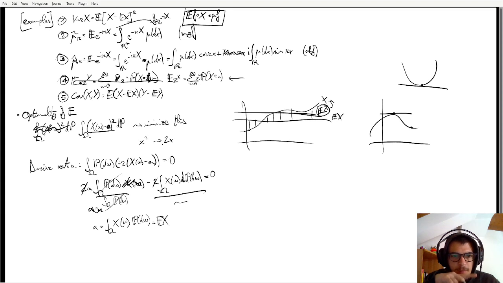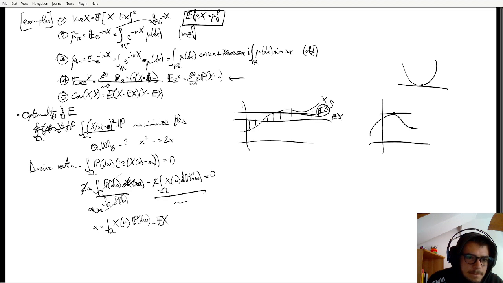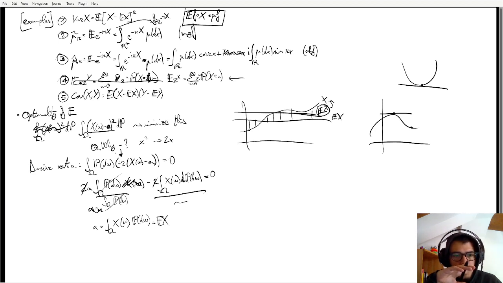So why do we have a minus? I'm really bad with derivatives and integrals. In any case, we have the derivative and then we solve for a and we realize it's the expectation.